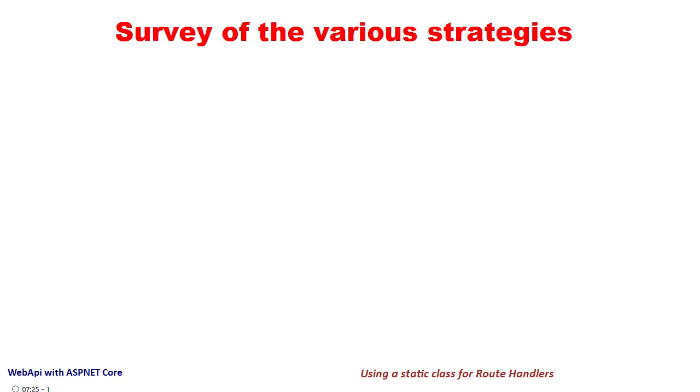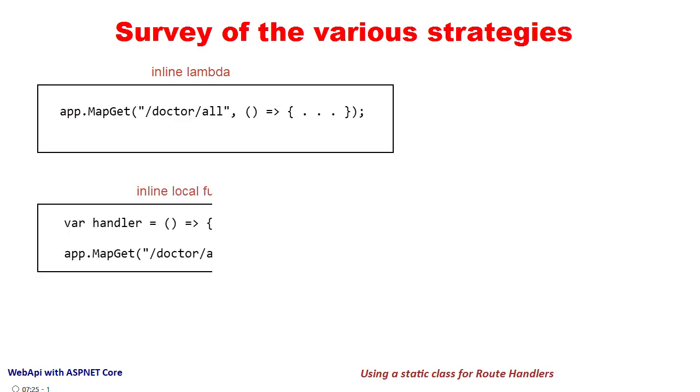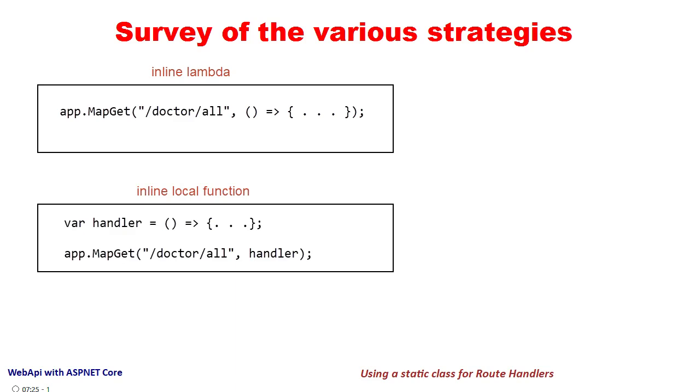Now, there are various possibilities of specifying route handlers for a web API. One is to have an inline lambda. It works very well for smaller projects and is even better for cases where the handler is of one or two quick lines, as you are seeing here. Another possibility is to use a local function, as you are seeing here.